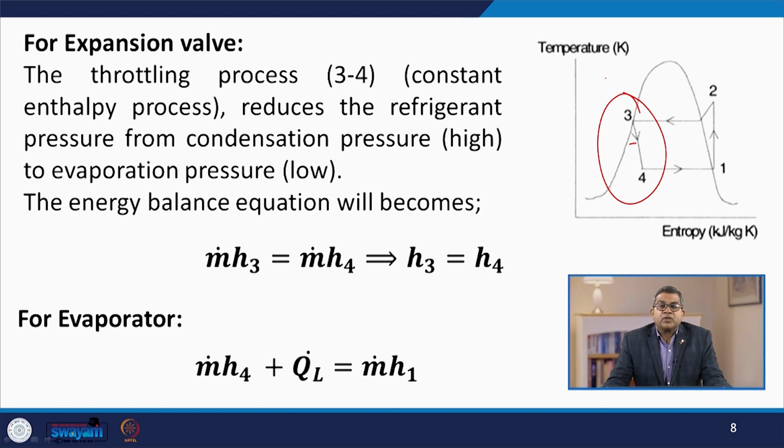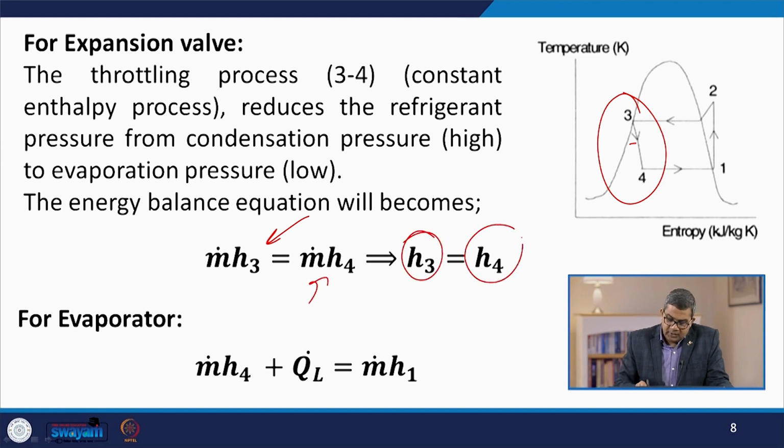This throttling process reduces the refrigerant pressure from the condensation pressure, which is very high, to the evaporation pressure, which is low. So the energy balance equation becomes mH3 is equal to mH4, as H3 is equal to H4, because it is an isenthalpic operation.